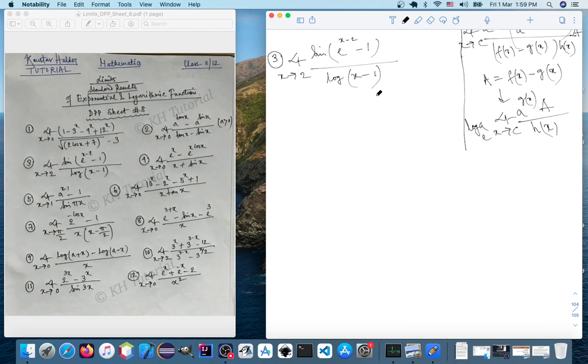You see, we have a standard result, limit x tending to 0 of log 1 plus x by x is 1. So over here also the term x minus 1 is tending to 1 when x is tending to 2. So we have to create the form log of 1 plus x by x.